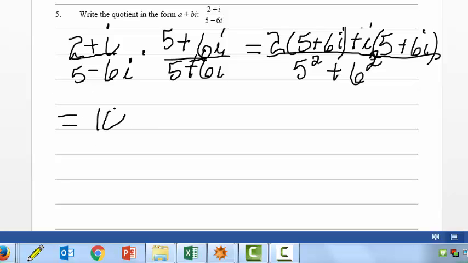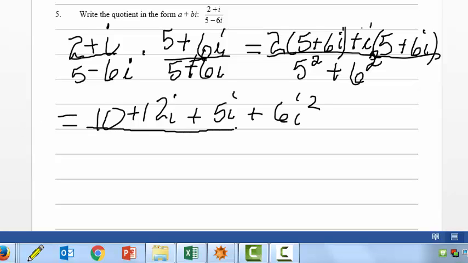and I get 10 plus 12i plus 5i plus 6i squared, divided by 25 plus 36.